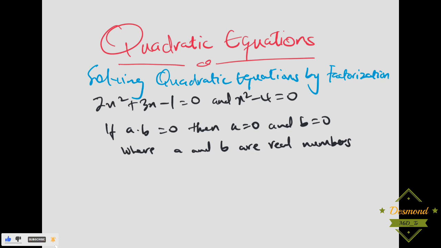So in other words, if the product of two numbers or two expressions equals 0, then one of the numbers or one of the expressions must be equal to 0, because 0 multiplied by anything equals 0.